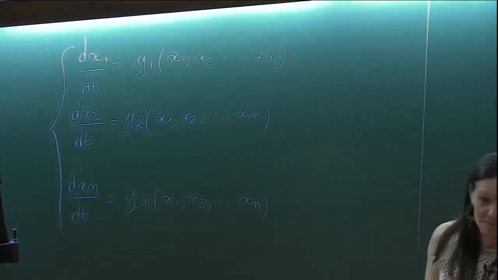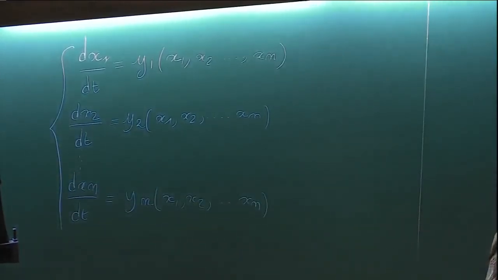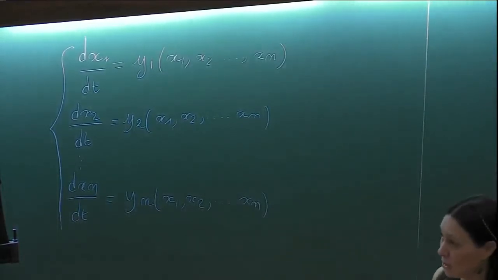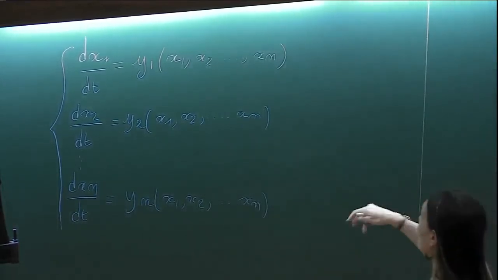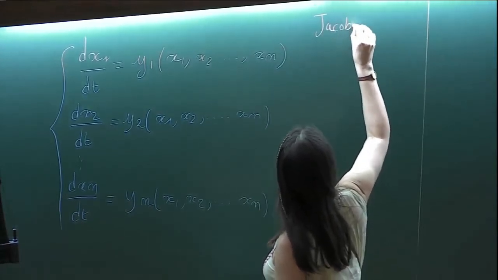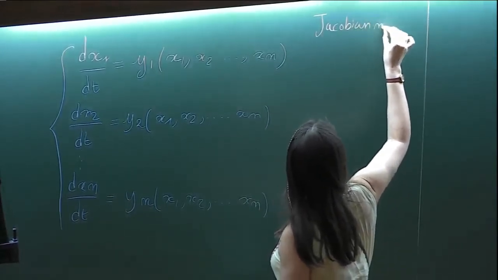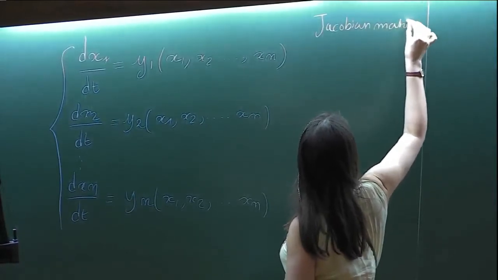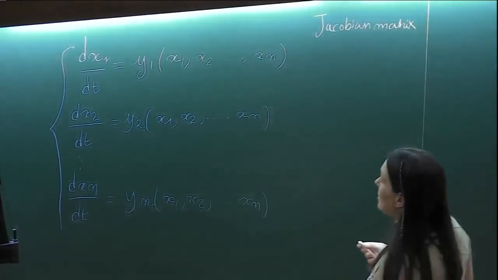All right? This is okay? So now what you do to find the stability of an equilibrium of the system is to compute the Jacobian matrix of the system. What is this Jacobian matrix?